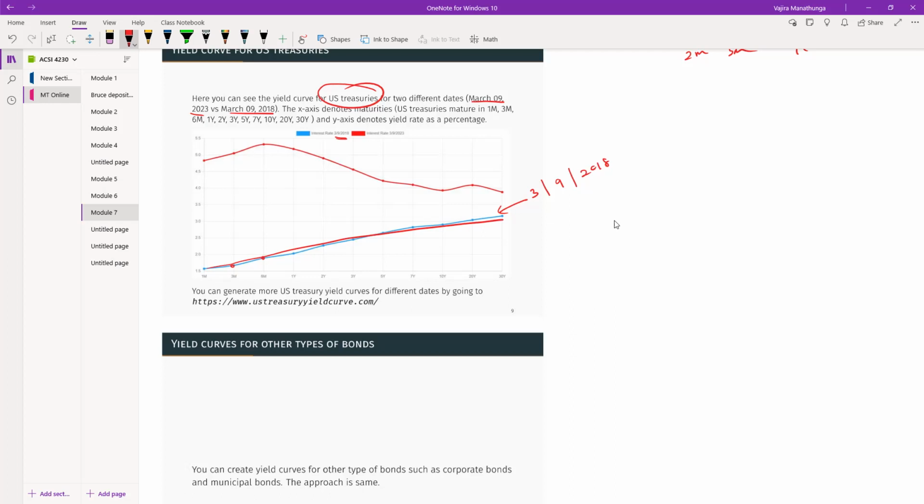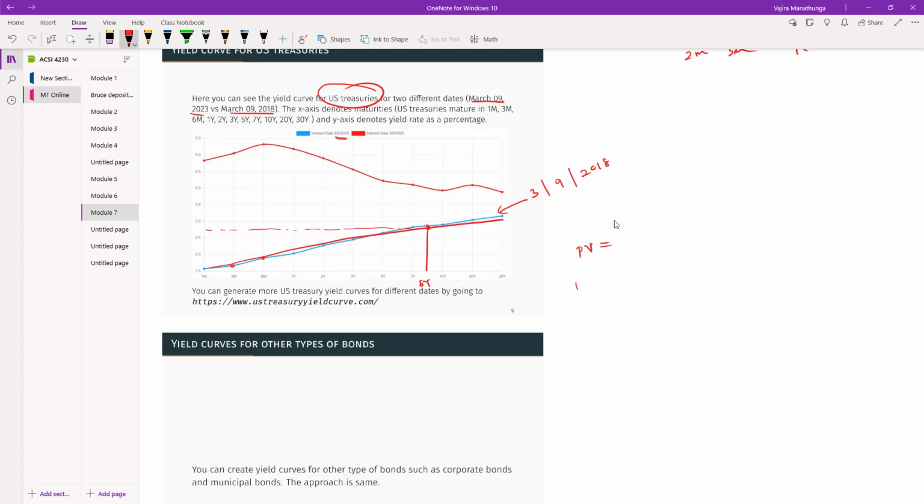Let's say you have a cash flow which matures in 8 years. You can find the yield rate to discount, and find the present value of the cash flow maturing in 8 years using that rate. That's the usefulness of this yield curve.